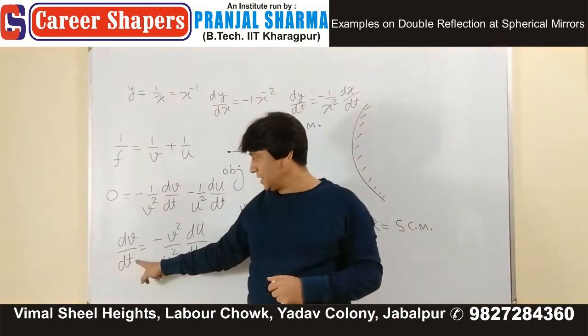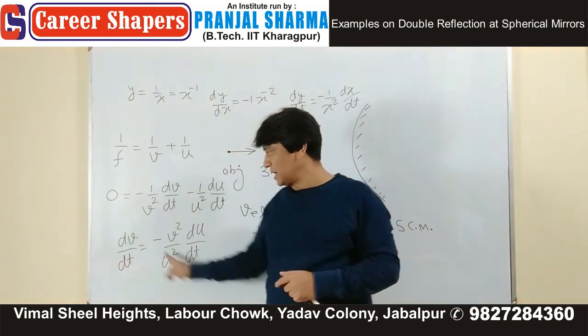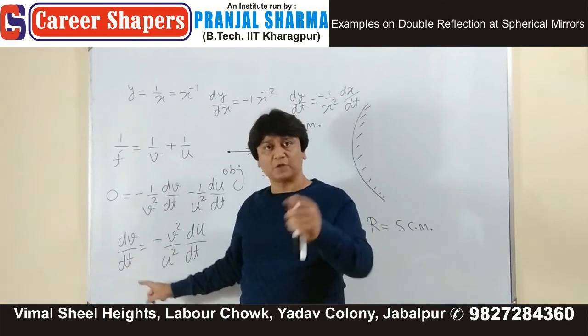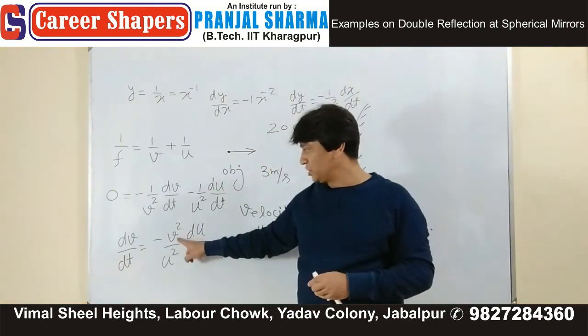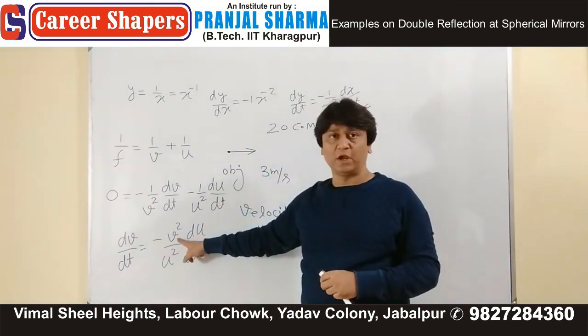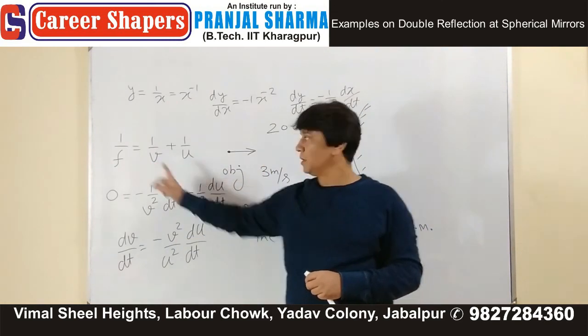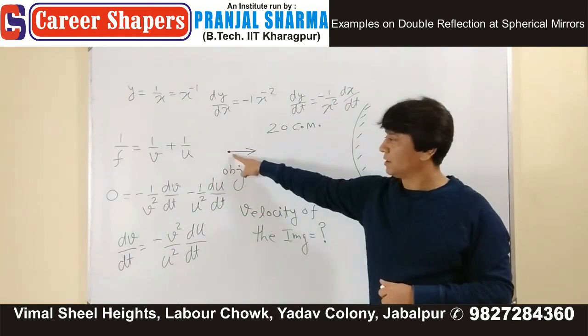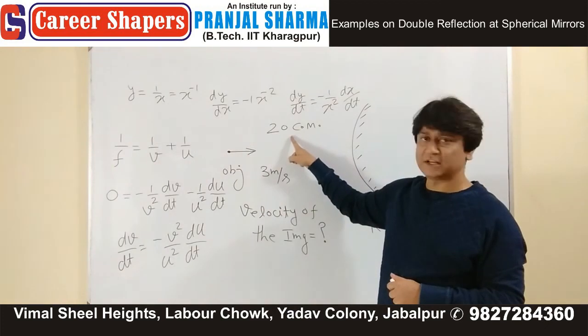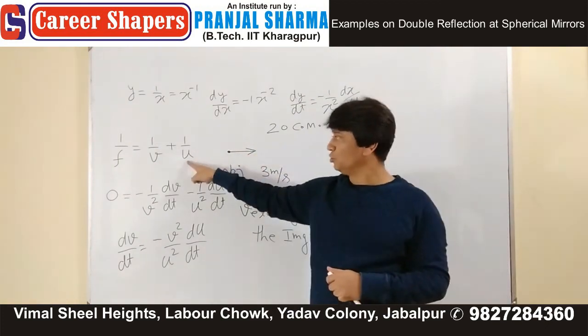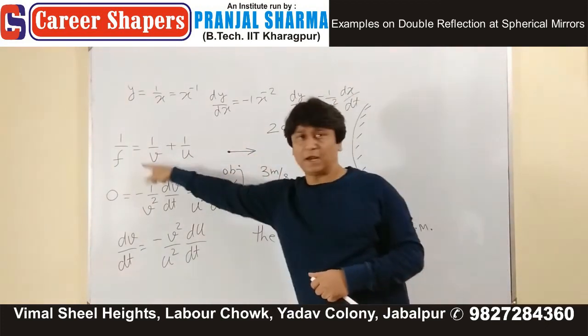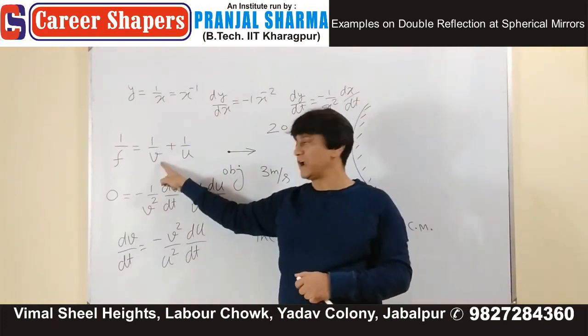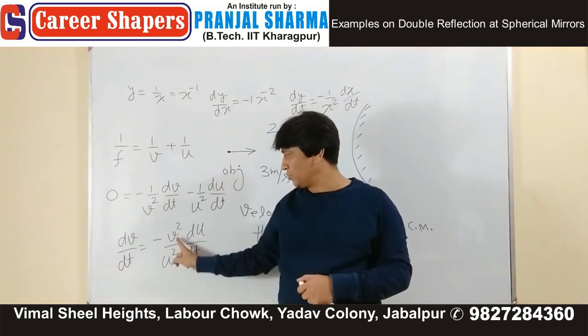This dv by dt is coming with proper sign, giving you the velocity of the image. You need to find v. How do you find v? Use this formula. When the object is over here at a distance of 20, u is minus 20. Focal length you know, you can always find v. Find the v, put it here.